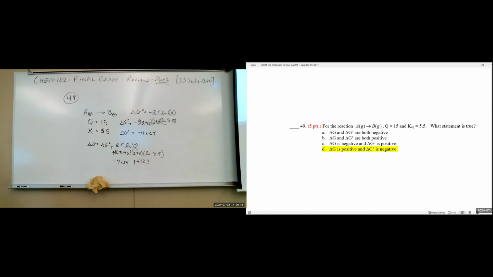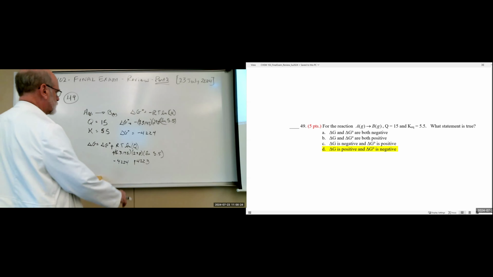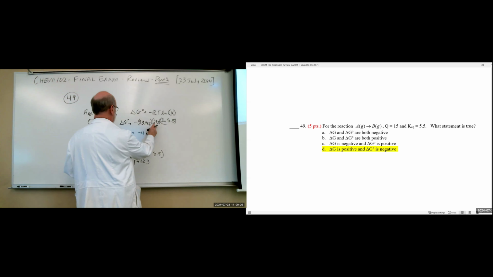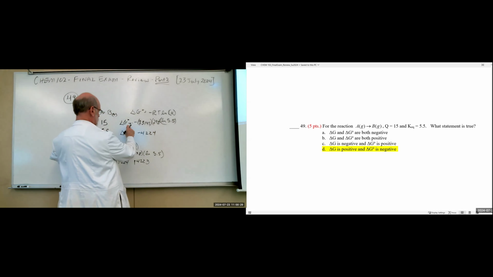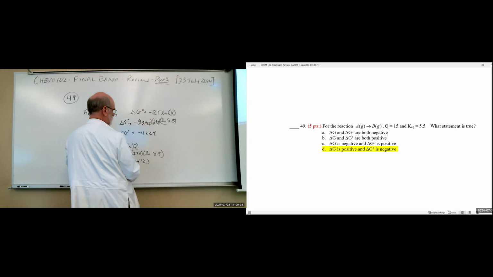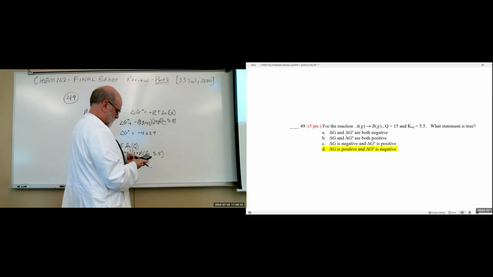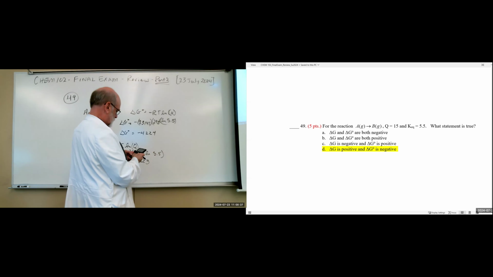8.3145. Yeah, that's right. 8.3145. This gives us delta G0. 5.5 natural log, 298 times 8.3145.